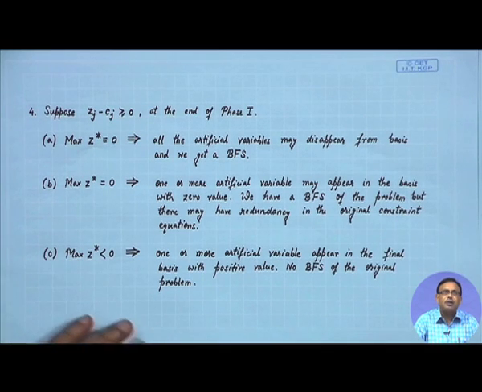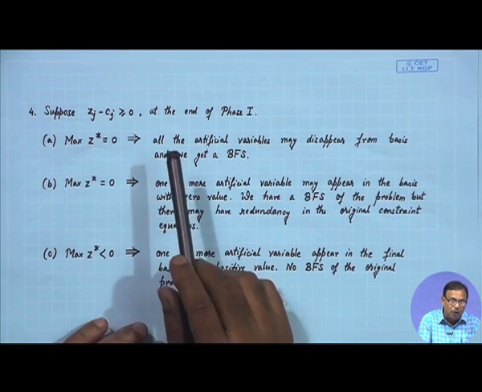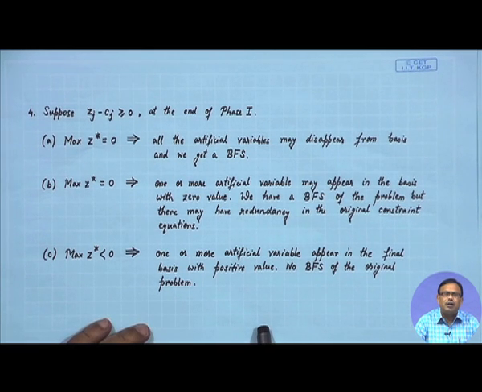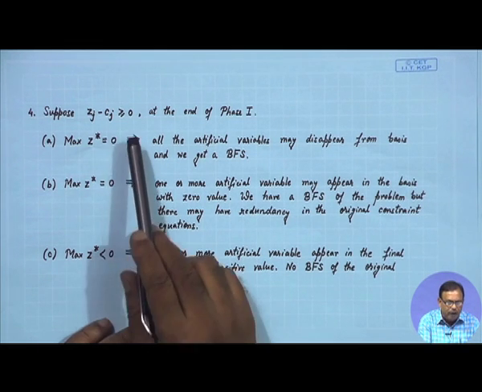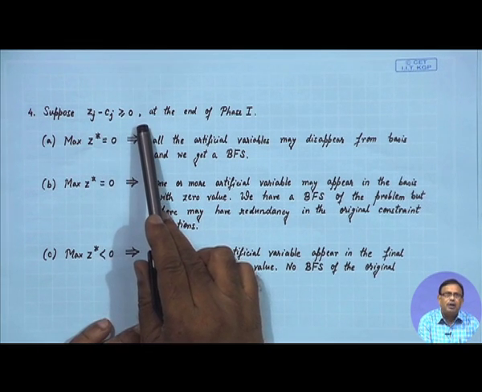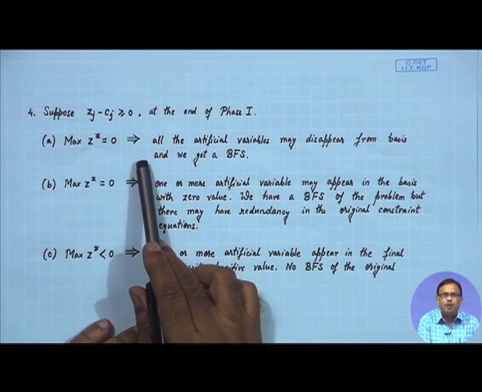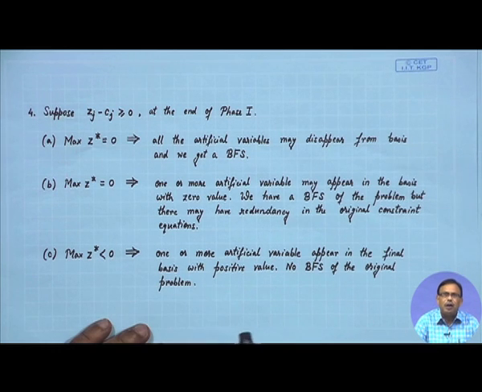What are the cases? Suppose your zj minus cj, you know it, is the reduced cost value. So, if zj minus cj is greater than or equal to 0, which you get after some iterations on the simplex table at the end of phase 1, then the value of z star can be 0 or it may be less than 0.